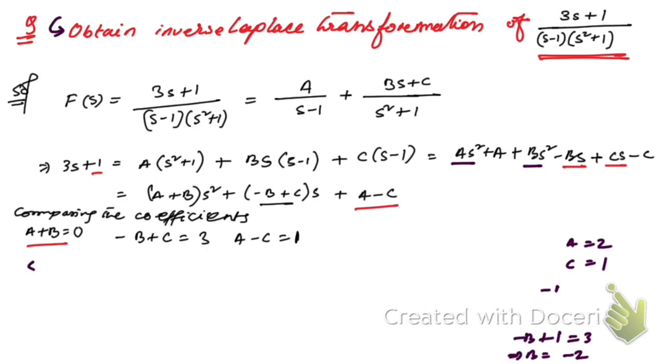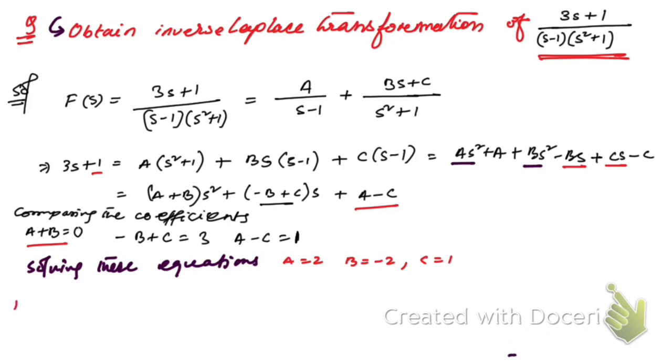Solving these three equations, what we have got? We have got a is equal to 2, b is equal to minus 2, c is equal to 1, right? So therefore we can write f of s, which is equal to this.